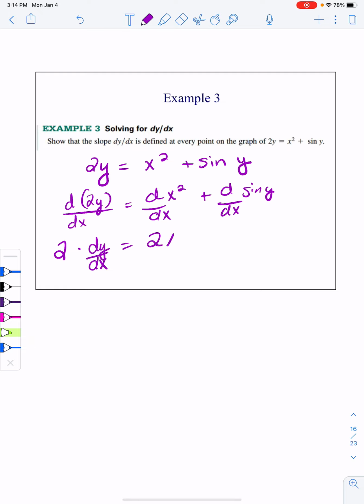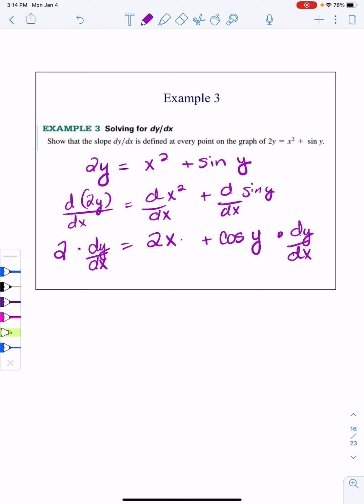It's just we are taking the derivative with respect to x, so it would actually be dx/dx, which is just 1, so we don't actually have to write it. And then if you don't recall this, I would pull up my cheat sheet at this point and recognize that the derivative of sine y is the cosine of y. But because we're taking the derivative of a y term, you would have to do dy/dx.